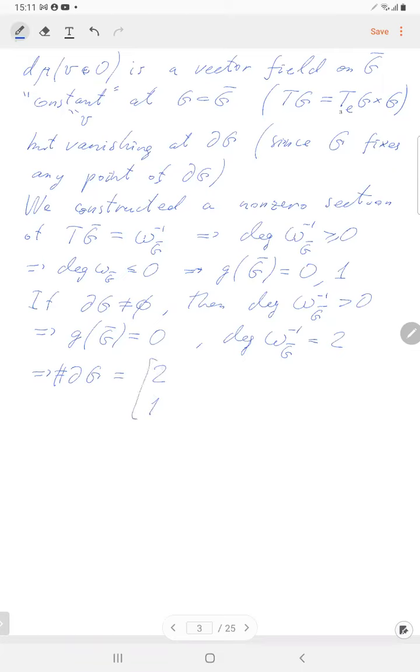Because this is how many times our vector field vanishes.